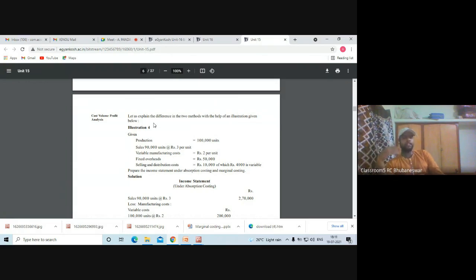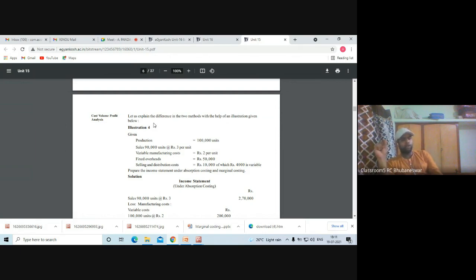So there is some unsold stock in our hand at the end of the year. So 1 lakh units, out of which 90,000 is sold and 10,000 units are still lying unsold. Okay. Next, variable manufacturing cost is given rupees 2 per unit. That means whatever production there is, per unit we have to spend rupees 2 as manufacturing cost.